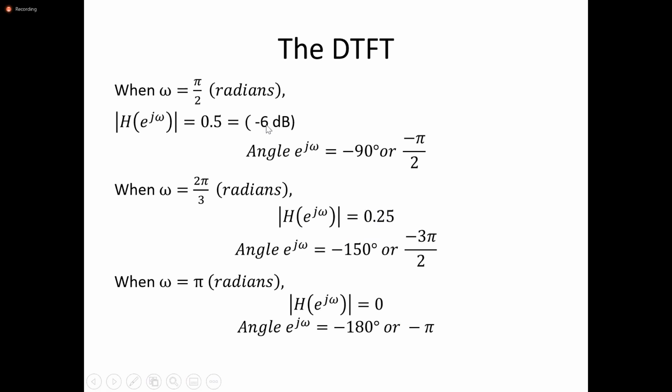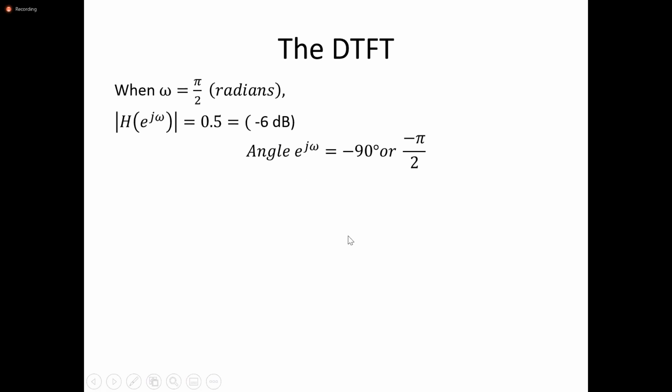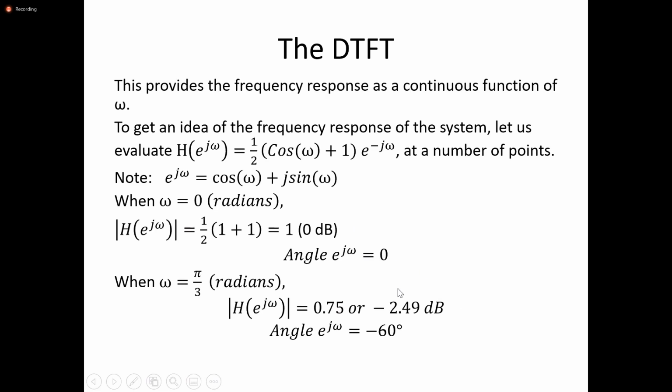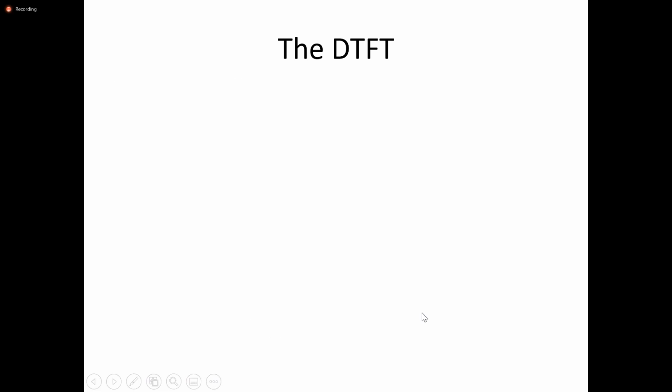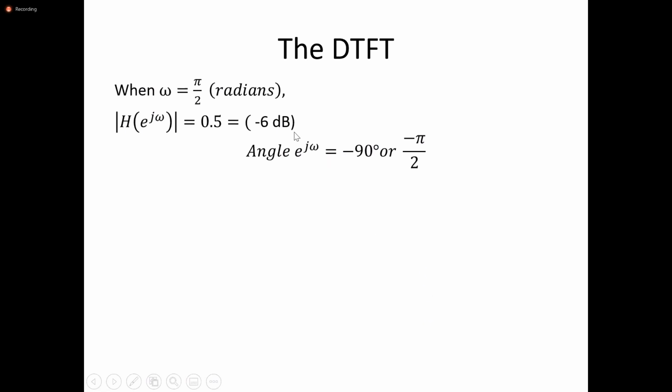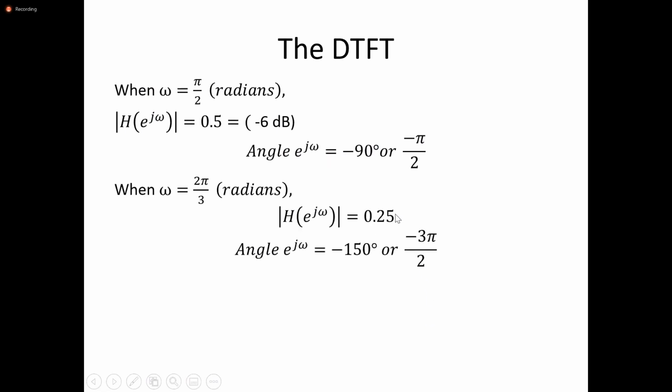I put in a minus 6, and I failed to put in minus 12. Anyway, if you take 20 log of 0.25, you should get minus 12.